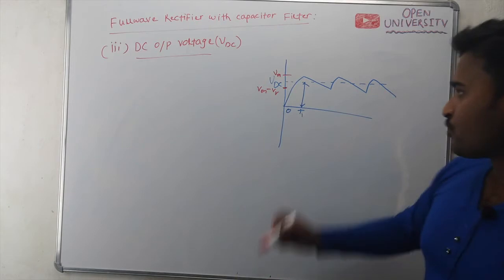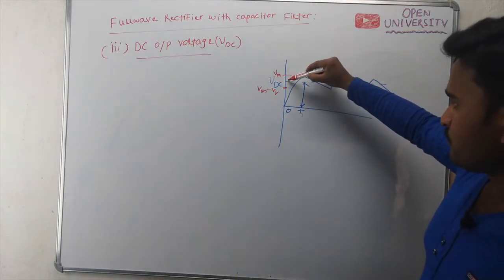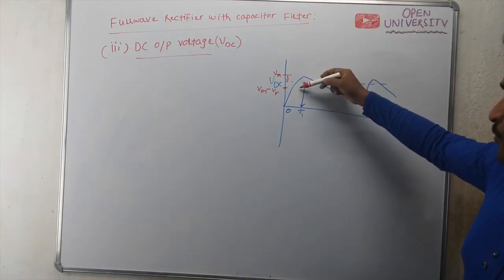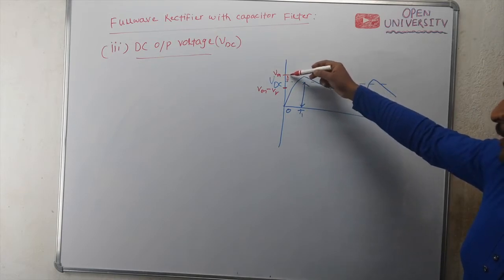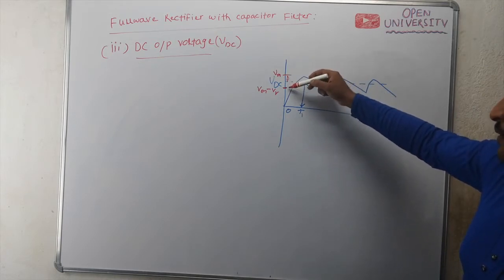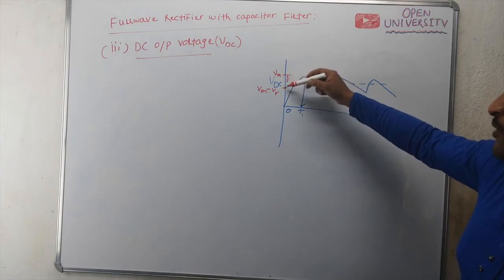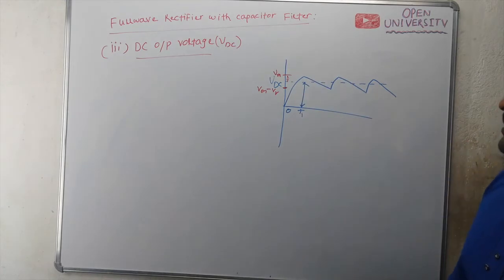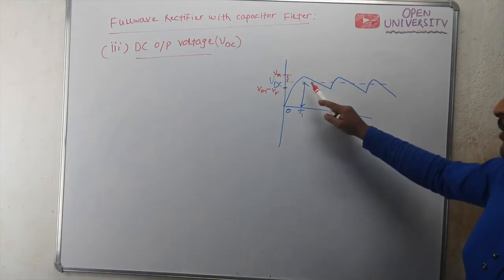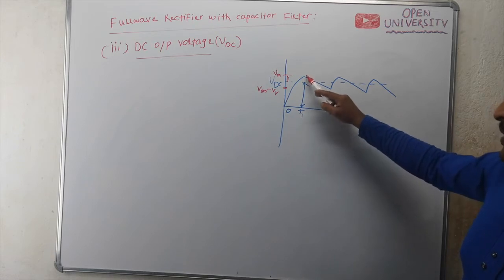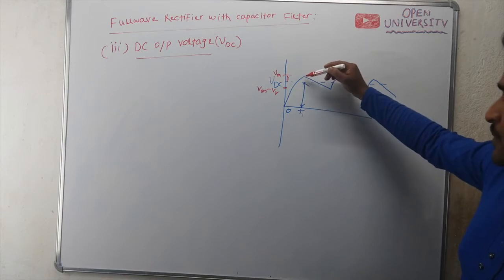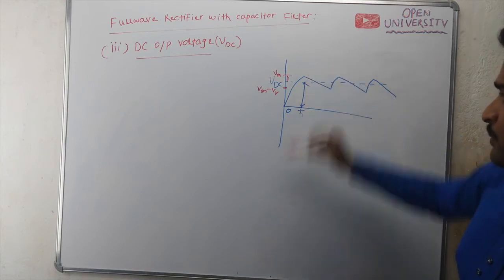Can you say what is this value? This value is Vr. Maximum value to minimum value, this distance is Vr. So what is this half distance? That is Vr by 2. So how to get the DC value? Subtract from maximum value Vm this value, then you will get the DC value.